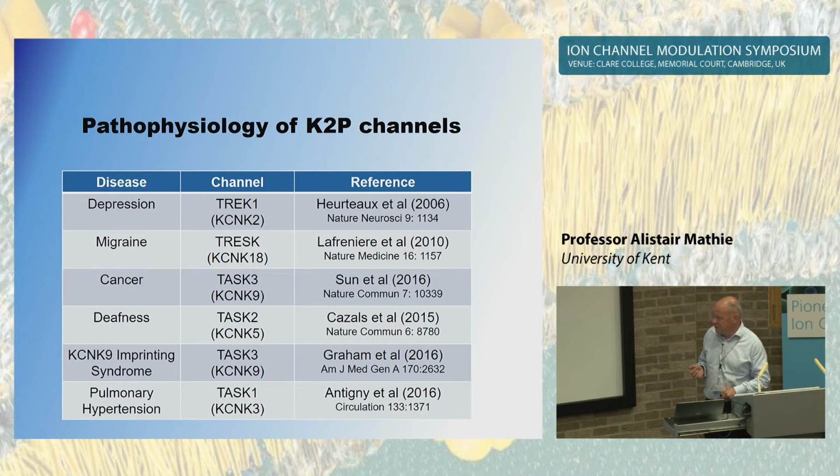The two I'm going to focus on, down at the bottom here, are a syndrome called KCNK9 imprinting syndrome, arising because of mutations in TASK3, and then pulmonary hypertension, where at least some cases are due to mutations in TASK1.